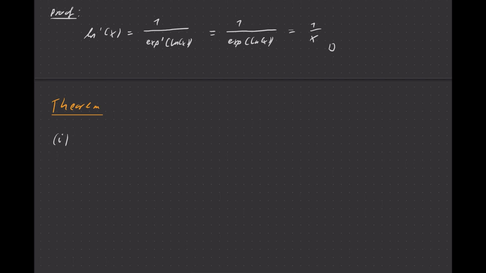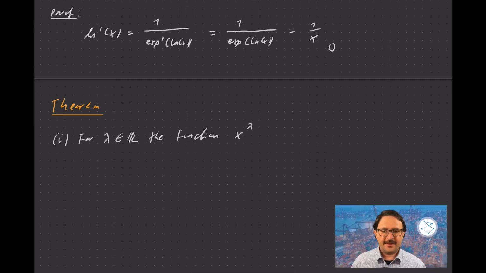So the first function we look at is, if we fix some real number lambda, for lambda in R, we can define a function x to the power of lambda.